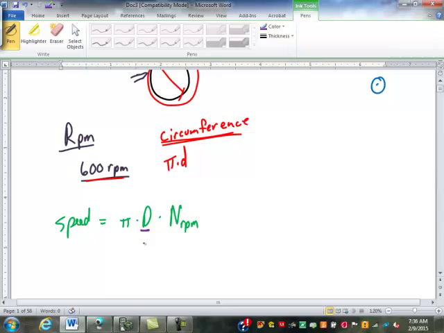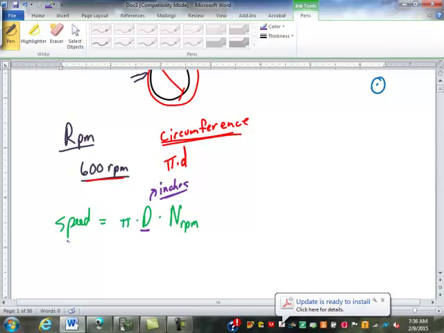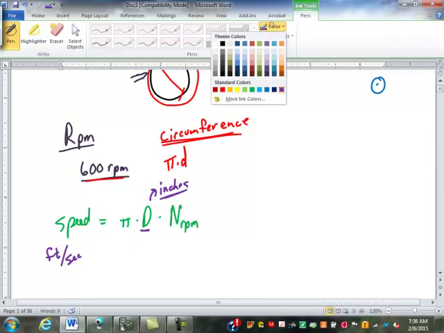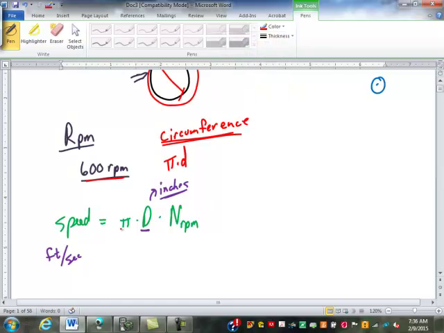The diameter would normally be measured in what units? Inches. We normally measure speed in feet per second. So we have to convert this from inches to feet by dividing by 12. So your surface cutting speed, which we use C for, is equal to pi times the diameter of the piece in inches times the RPM, divided by 12.